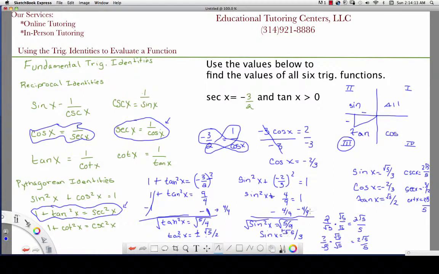So here in the third quadrant, sine is negative, so I take the negative of that. And of course here sine is negative, so the cosecant is also negative. So we have the value of our 6 trig functions now.